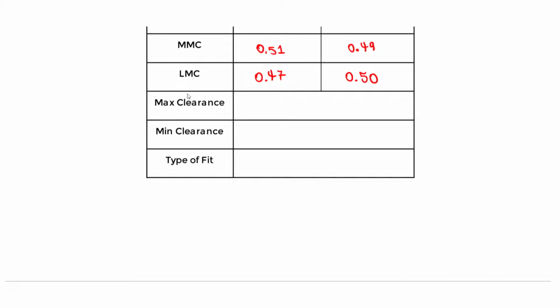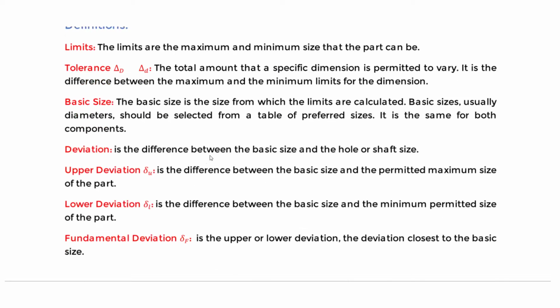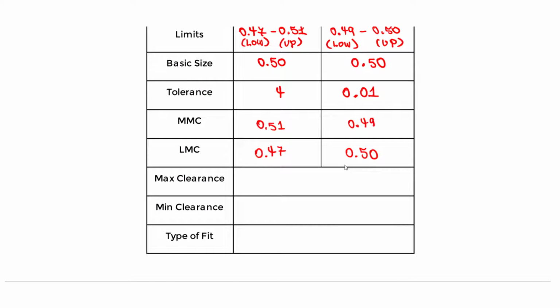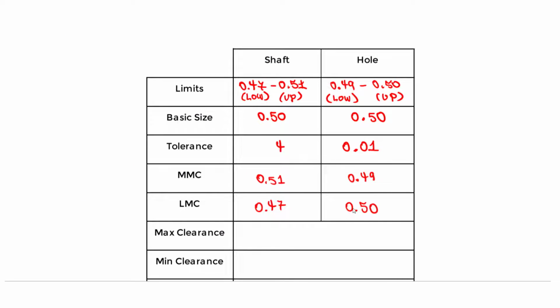We're almost done. Now we want to find the max clearance and minimum clearance. The max clearance is going to depend on the least material condition. So we take the least material condition for the hole, which is 0.50, minus 0.47.